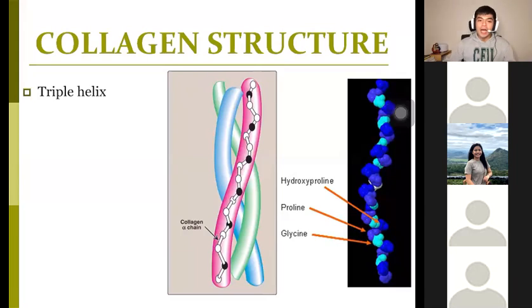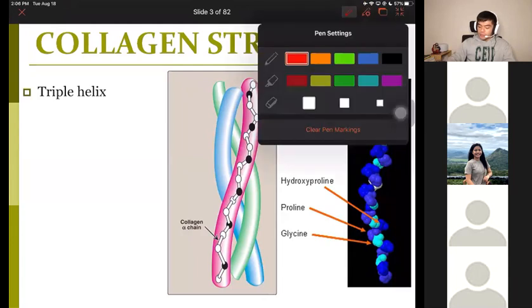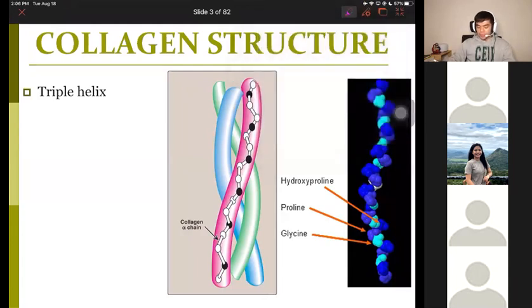Number 1, ang itsura ng collagen, pag tinignan nyo siya, meron siyang triple helical structure. That's why in the figure, you can see that there are three chains that are intertwined with one another. The one in color blue, the one in color pink, and the one in color green.